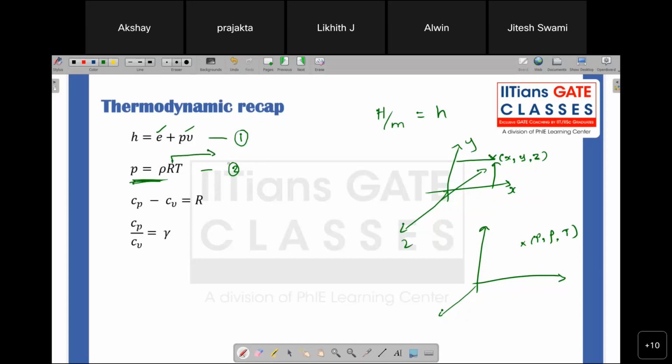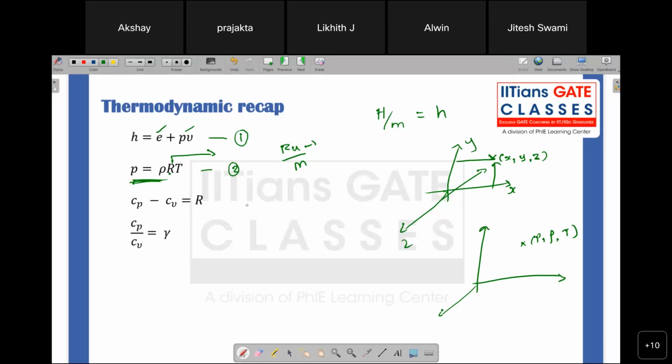R is the gas constant. This is basically defined as Ru by M, where Ru is our universal gas constant and M is the molecular weight of the particular gas we are using, right? And we have one more relation, that is Cp minus Cv is equal to R. This is how the gas constant R is related to the specific heats.